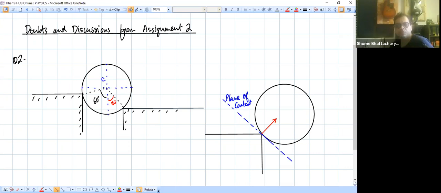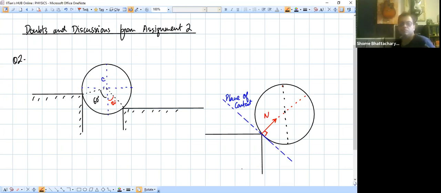So it will always be in a direction like this, which is at 90 degrees. Okay, and therefore it is passing through the center. That is the general rule of thumb in any situation like this.